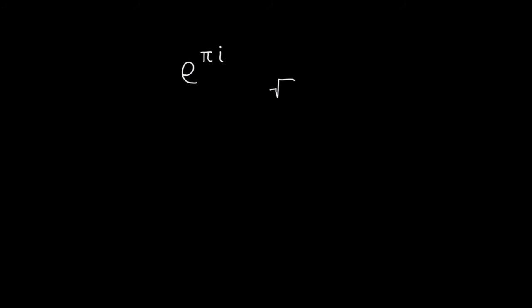Don't worry about this, it's not important right now, but it's just to show you that radians make formulas more beautiful, because this is equal to -1, and if you don't think this is beautiful, I don't know what is. We have these relationships between these crazy numbers, and we get -1, and if we expressed this pi in degrees, e to the 180 degrees i equals -1 is not as beautiful, is it?